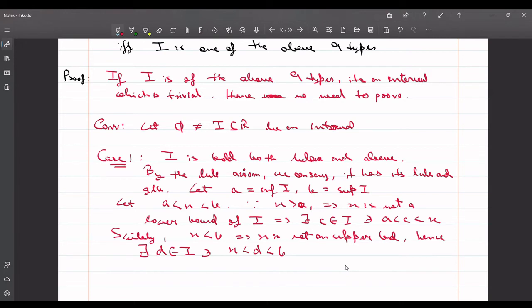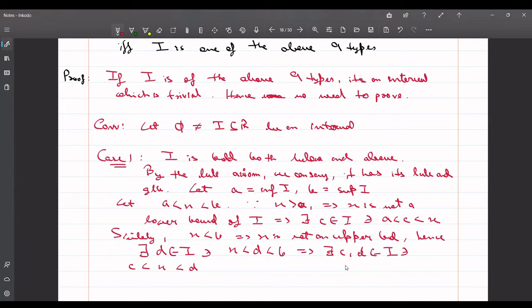So what we have proved is that there exist C and D belonging to I such that X is contained between C and D. Is it clear?